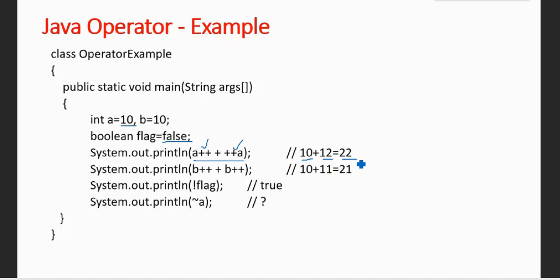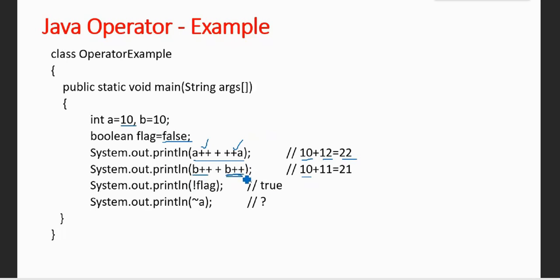Same thing I have given here: b++ plus b++. The value of b, this is also post-increment. Post-increment means first take the value. The value of b we have taken is 10. Then it performs the increment operation, and then it comes to here.